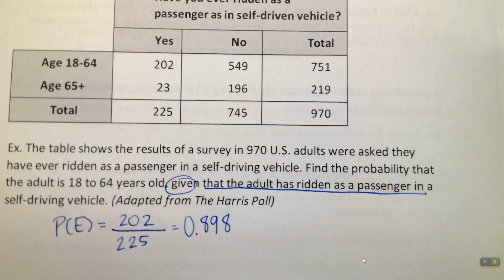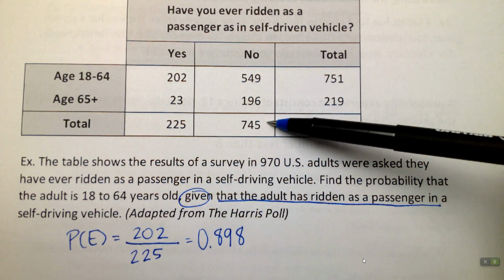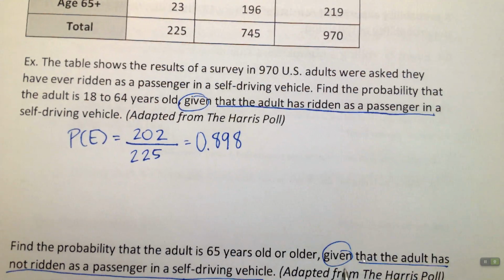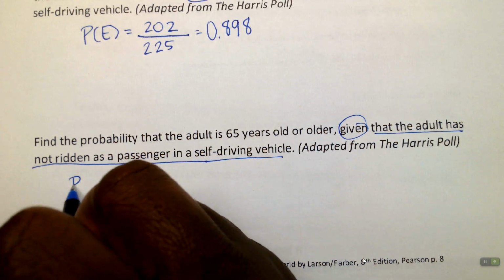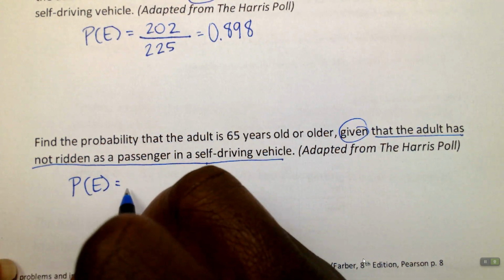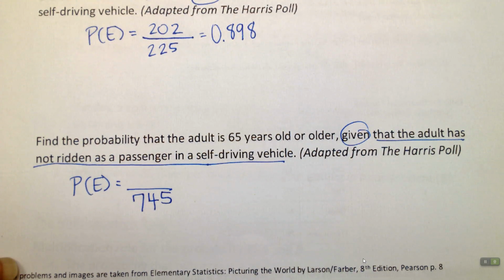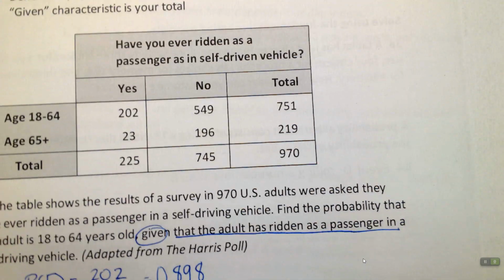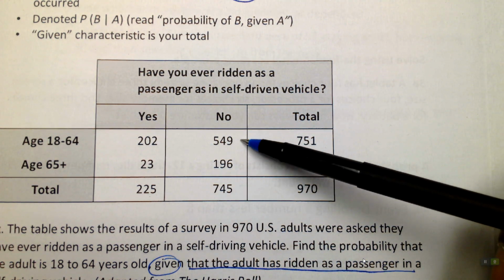So this time, what is my denominator going to be? Good, because it's after that word given. So my denominator is going to be 745. I always look at that first, because I can figure out my denominator. I get to choose which of those numbers that make up that number I'm going to use. So it's going to be the 549 or the 196.